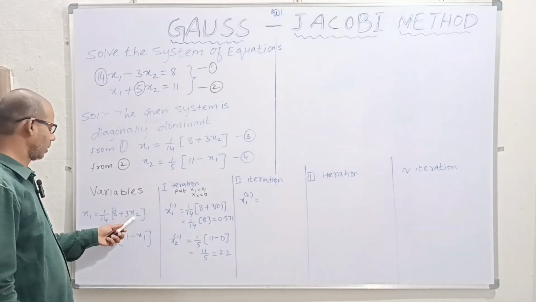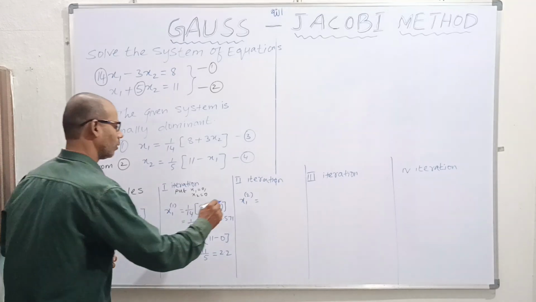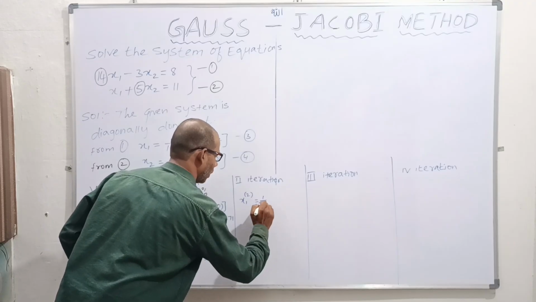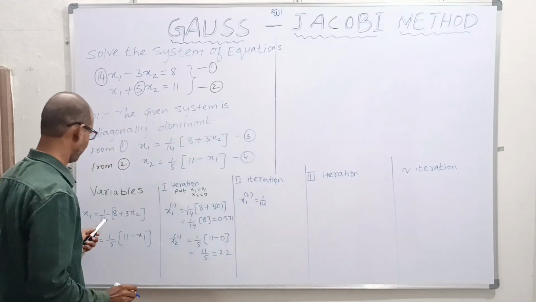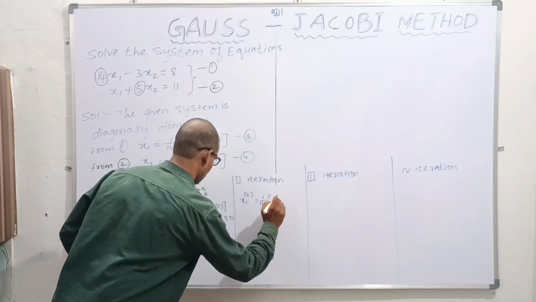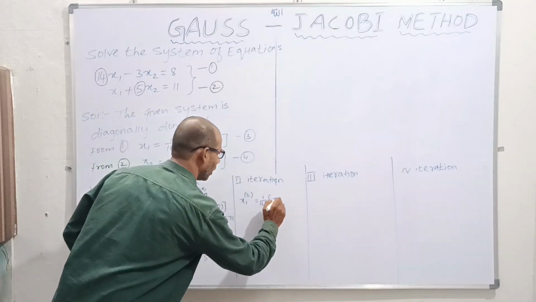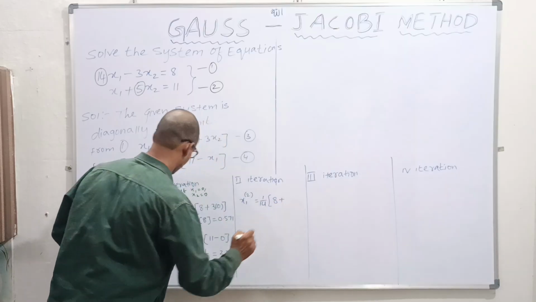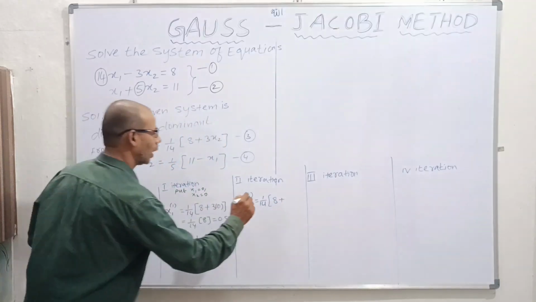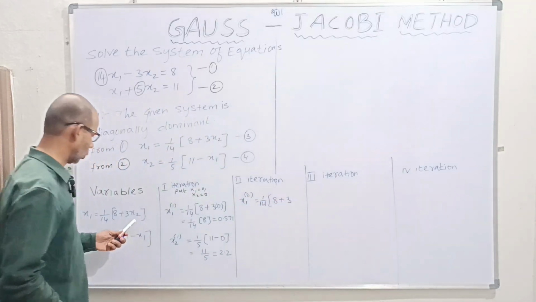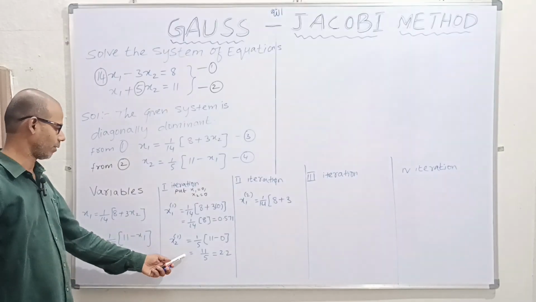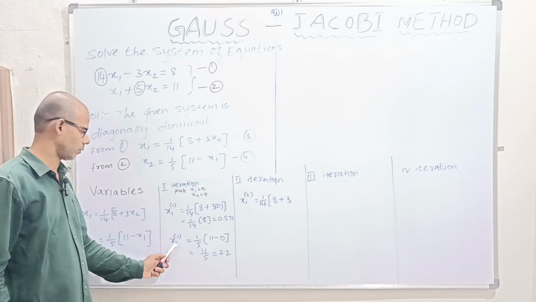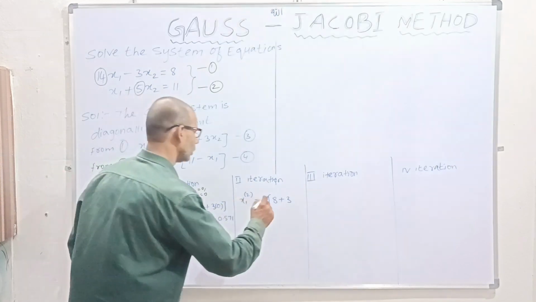So in this, we take 1 upon 14 into 8 plus 3x2. Here we have to take the value of the second variable from the first iteration, that is 2.2.